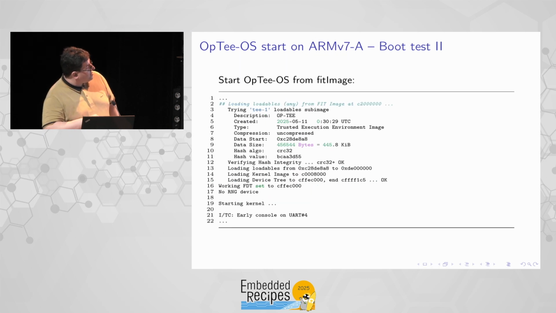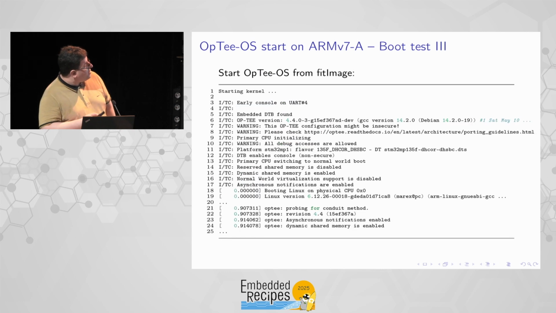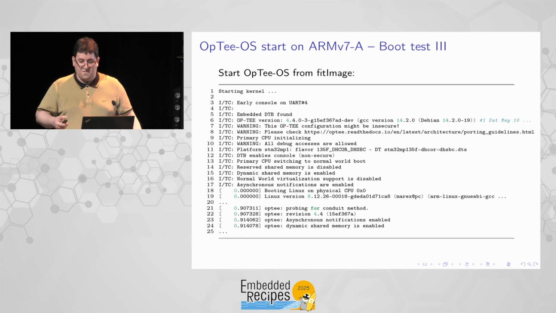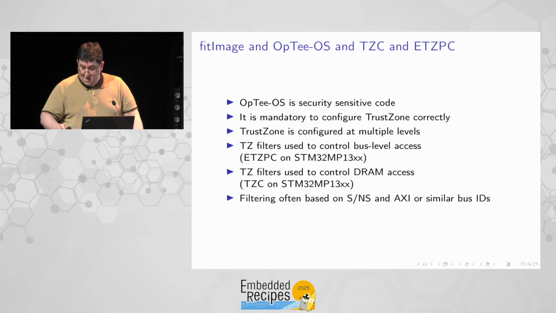OP-TEE OS actually got loaded to the E location, and then U-Boot is just about starting the kernel, and OP-TEE OS printout shows up in the output, and Linux kernel starts booting, and Linux kernel can communicate with the OP-TEE that just got started. Patches are posted.